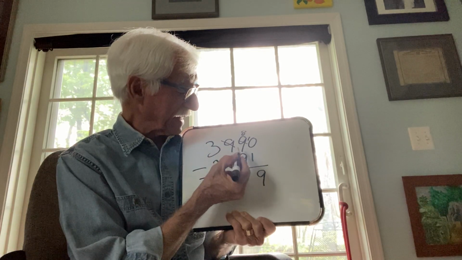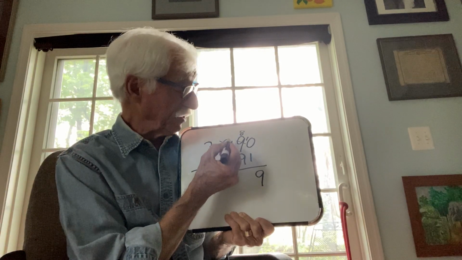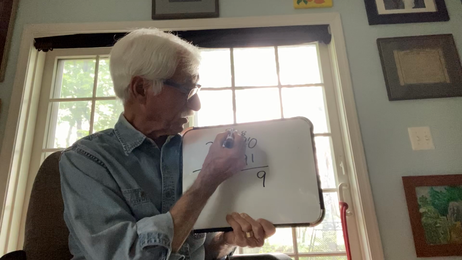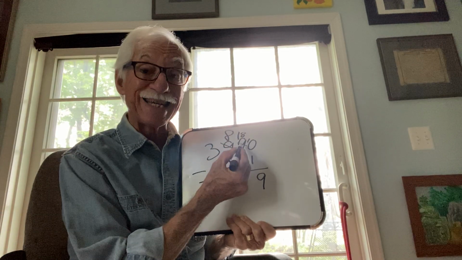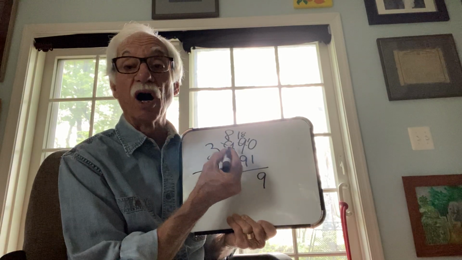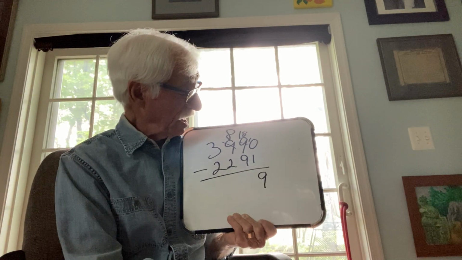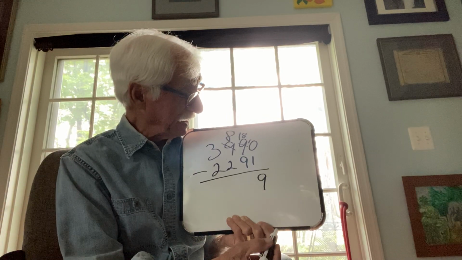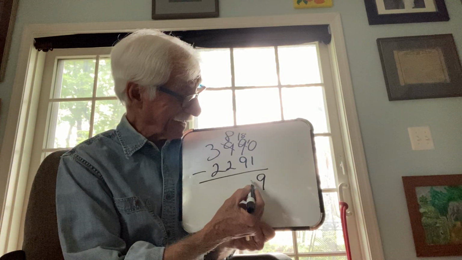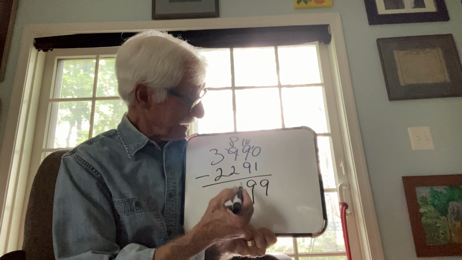So I come to my next highest place value, which is the hundreds place. Take one of those 9 hundreds, leaving me 8. That makes this 18 tens, because I took that 100 and exchanged it for 10 tens, giving me 18 tens. 18 tens take away 9 tens, I can do that. That leaves me 9 tens.